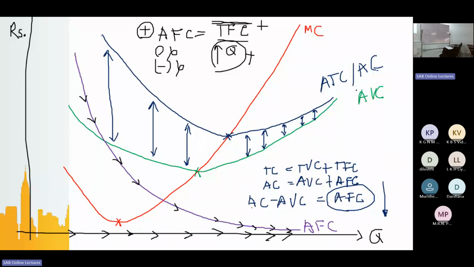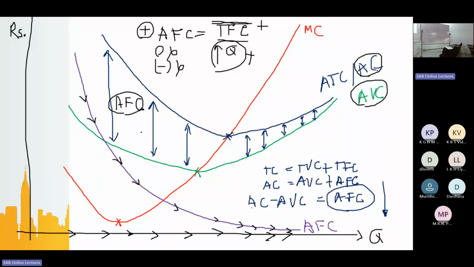And this vertical difference between average cost and average variable cost is average fixed cost. The gap between average cost and average variable cost is declining like this because of the continuously decreasing average fixed cost.